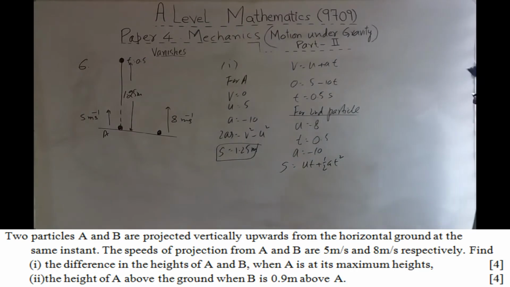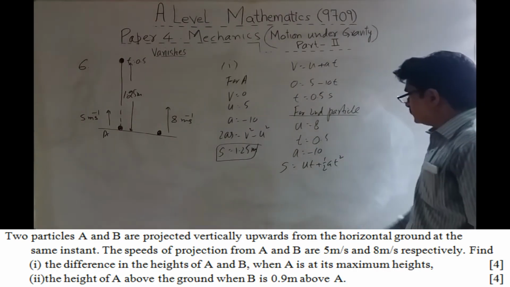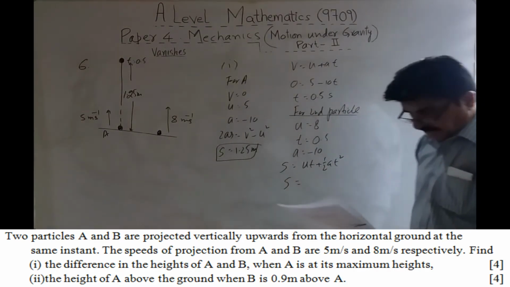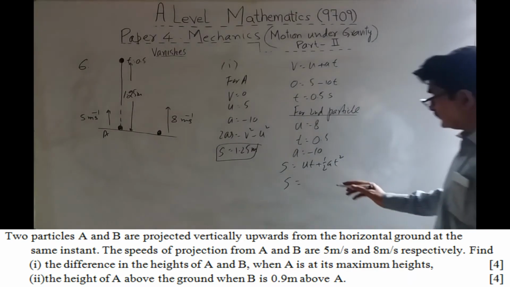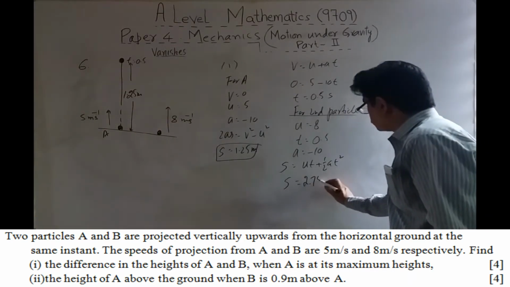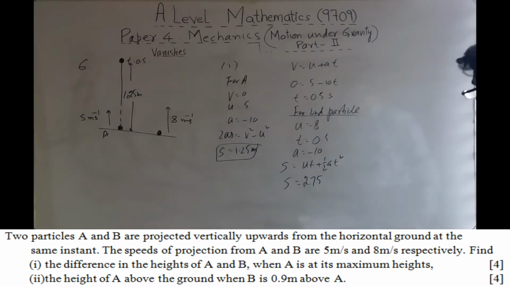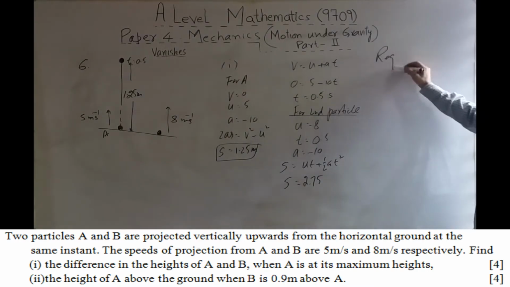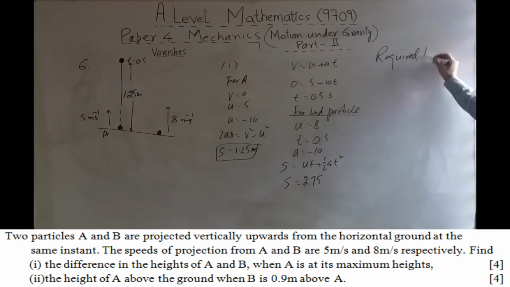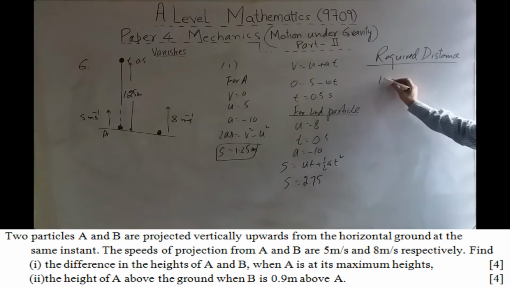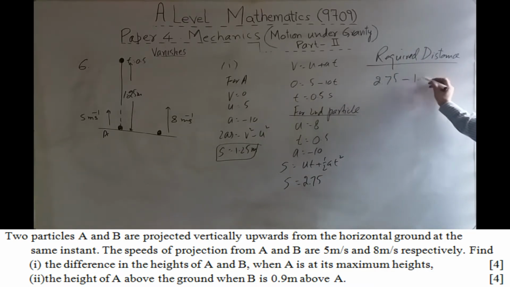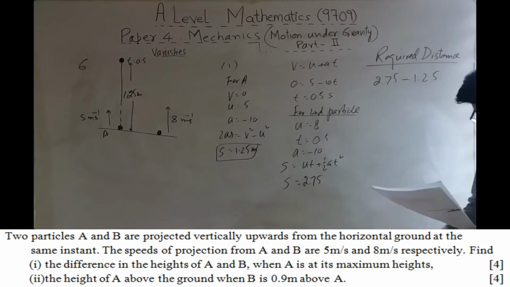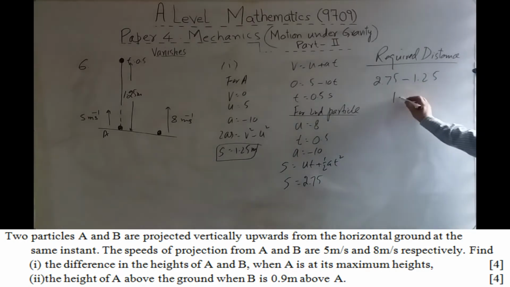Putting the values, you will get the distance s to be equal to 2.75. So the required distance will be equal to this 2.75 minus 1.25. From here you will get the answer 1.5 meters. So this is the answer to the first part.